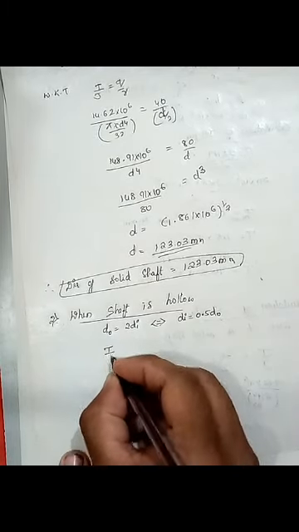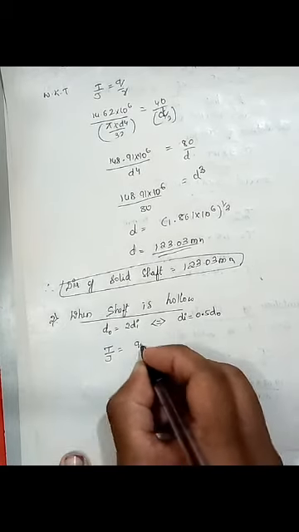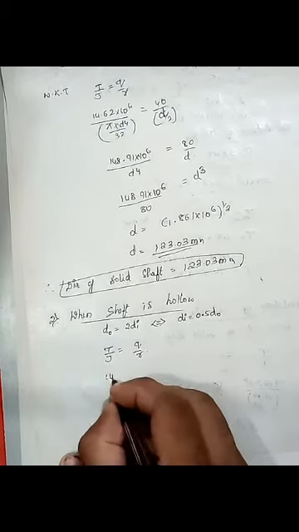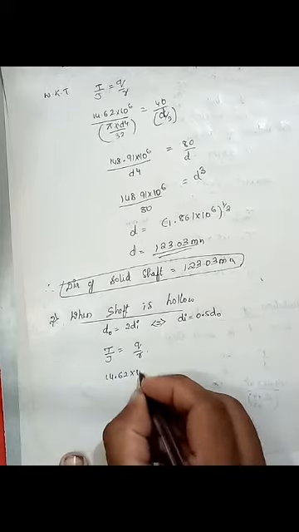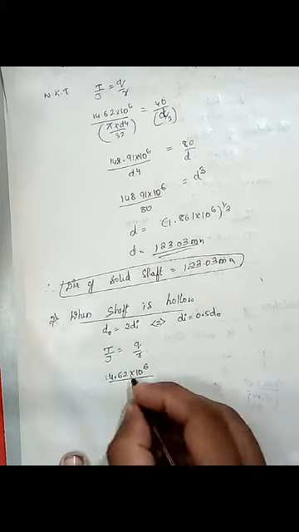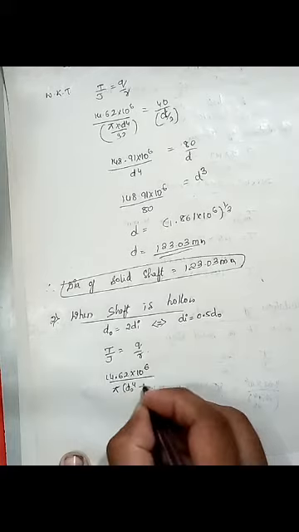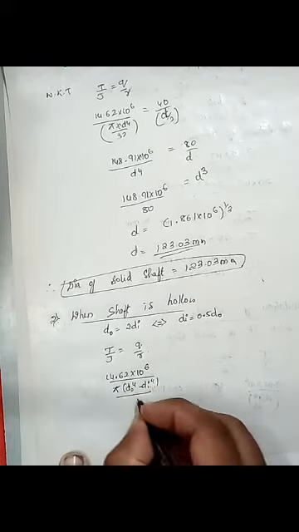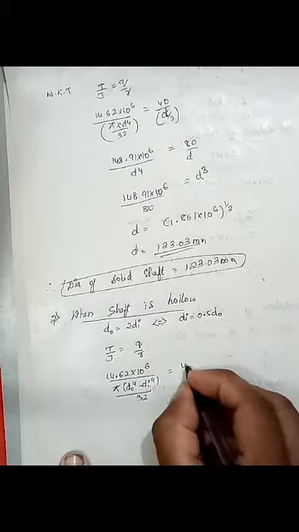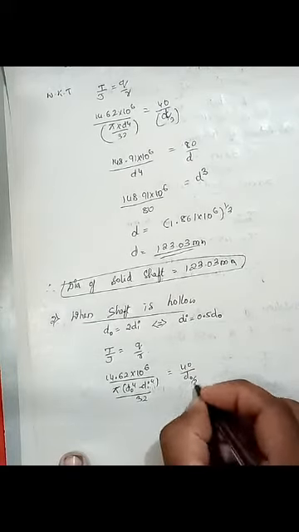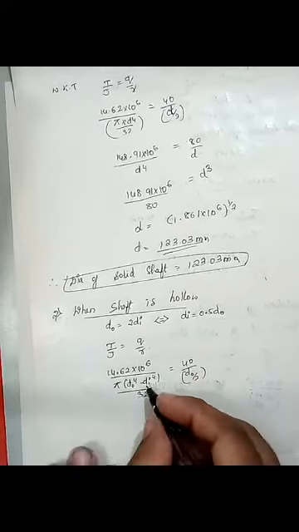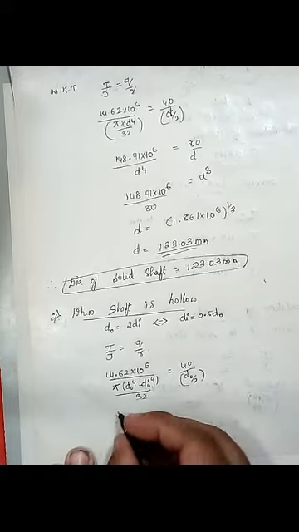So T by J, here also we will apply both cases. T by J equals Q by R, 14.62 into 10 to the power of 6 divided by pi (d naught raised to 4 minus di raised to 4) divided by 32, that equals 40 by d outer by 2. So we know di equals 0.5 times d naught.